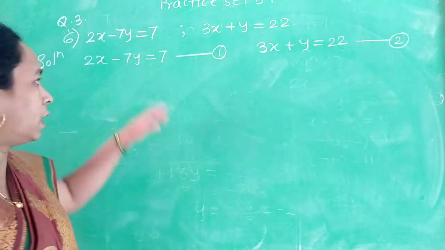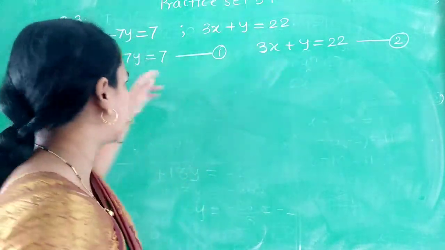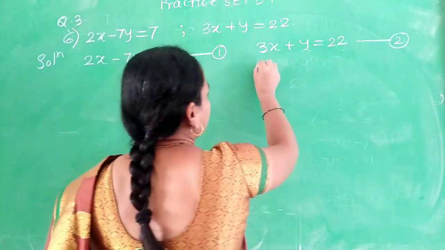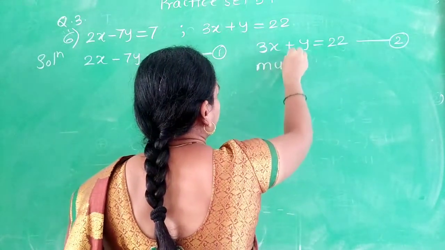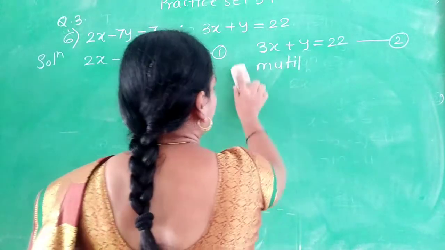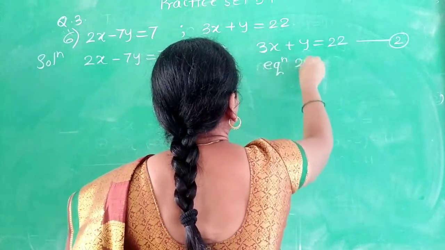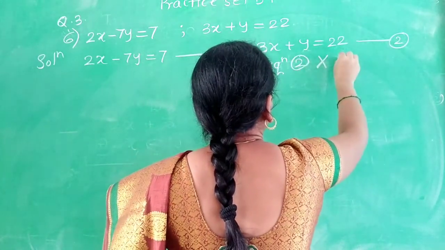Here we will equalize the coefficient of y. So multiply this equation by 7, because here it is minus 7. So equation 2 we will multiply by 7.